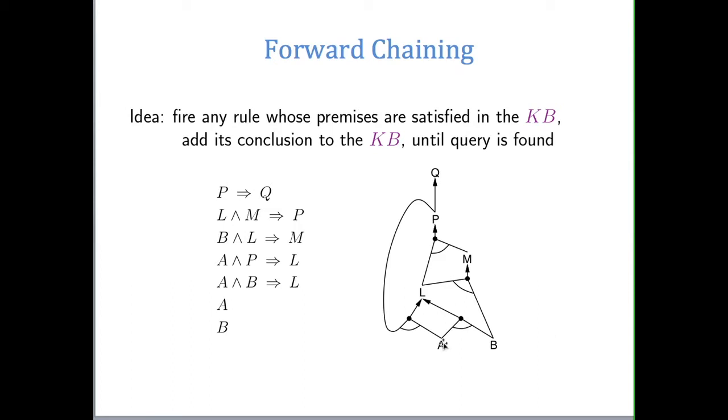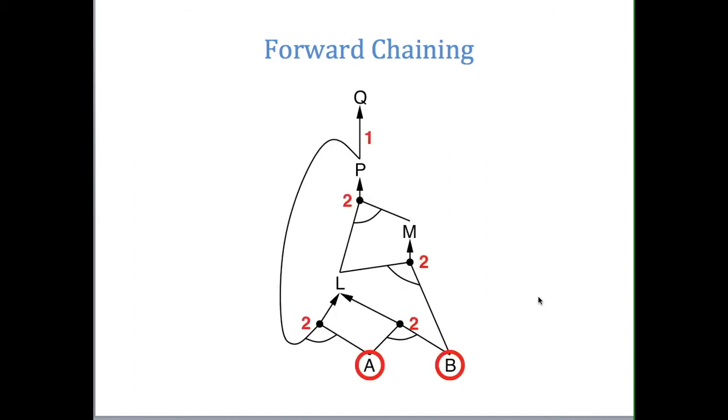So, for instance, we see here that A and B implies L. So let's try running forward chaining with that. The algorithm in the book uses a counting mechanism for each implication so that you don't fire the same implication more than once. And that's what the red numbers mean here.